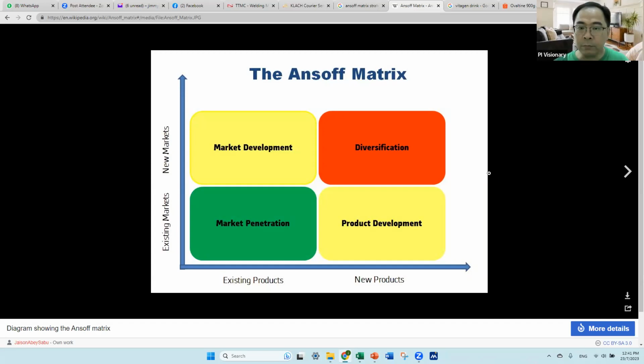Of course, today our topic is not to discuss sales and marketing, but I'm sure from Google you are able to differentiate the difference between sales and marketing. Then from here, I share with you how to use a practical example, how to apply this. Google, Milo, Ovaltine, Vitagen, Yakult.